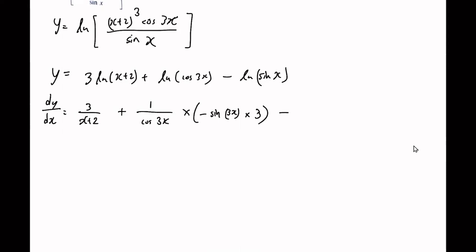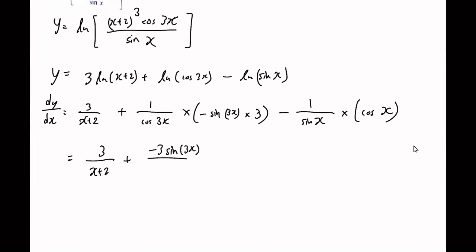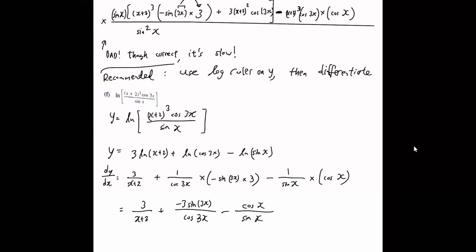Minus 1 over sine x times cosine x. Yeah, very good. Let's just clean this up a bit. So we get 3 over x plus 2, plus negative 3 sine 3x over cosine 3x, minus cosine x over sine x. Okay, good.